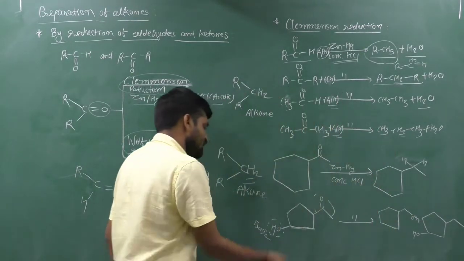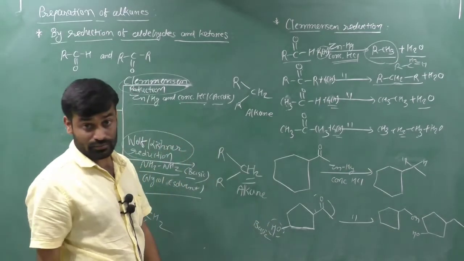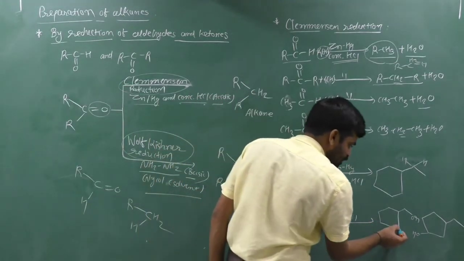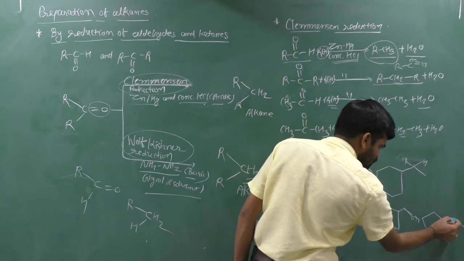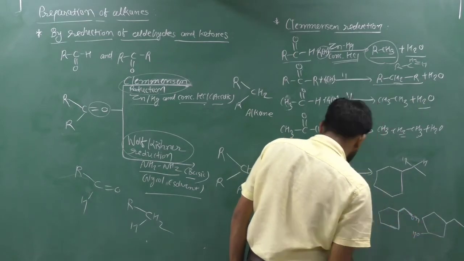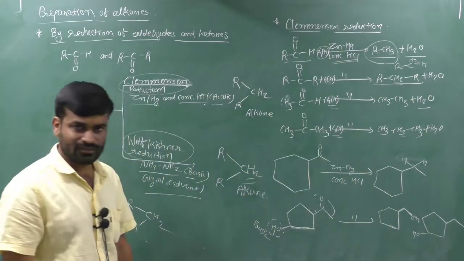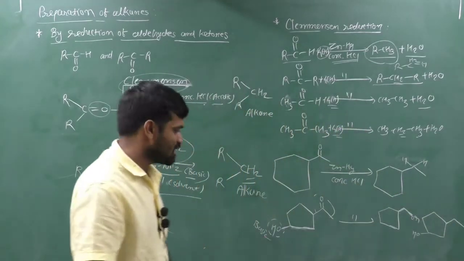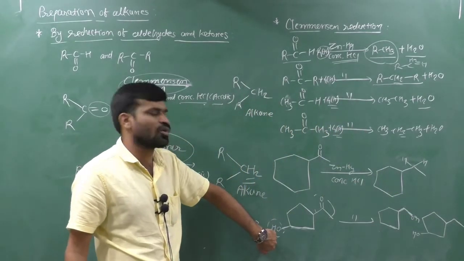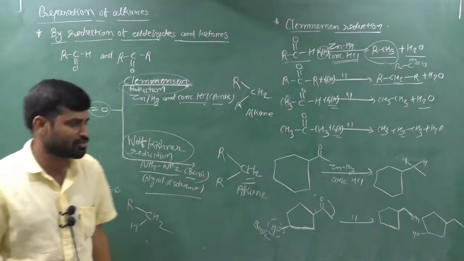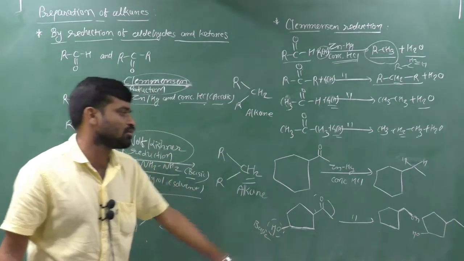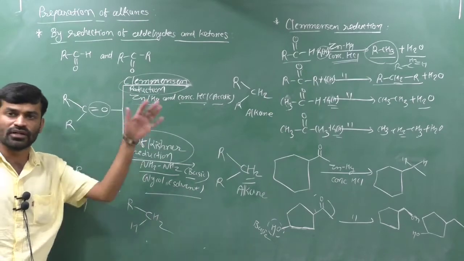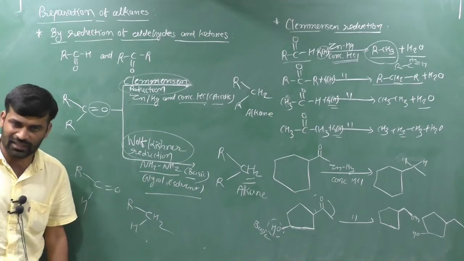Now the question is whether this OH is reduced or not. We can get the product like this or like that. Now we study some concepts regarding this point. Clear? So it is a very simple method to get the alkane.